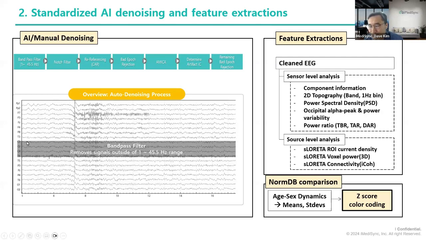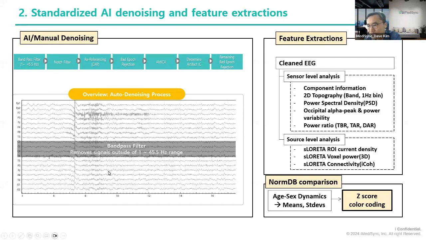But we give automatic denoising, so all the high signal processing technology is integrated on the cloud. EEG is very susceptible to recording noise artifacts. That kind of artifact usually has a specific pattern, and using that specific pattern, the AI is trained very well, and we can make clean data without the labor-intensive manual process.